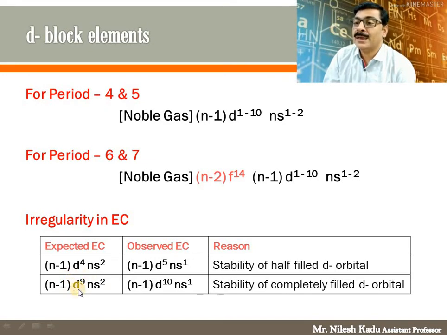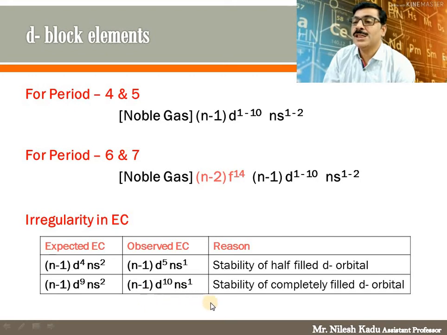So to attain more stability, one electron from the ns orbital is jumped to the (n-1)d orbital. So the observed electronic configuration is (n-1)d10, where the d orbital is completely filled, and ns1, because the stability of a completely filled orbital is more.